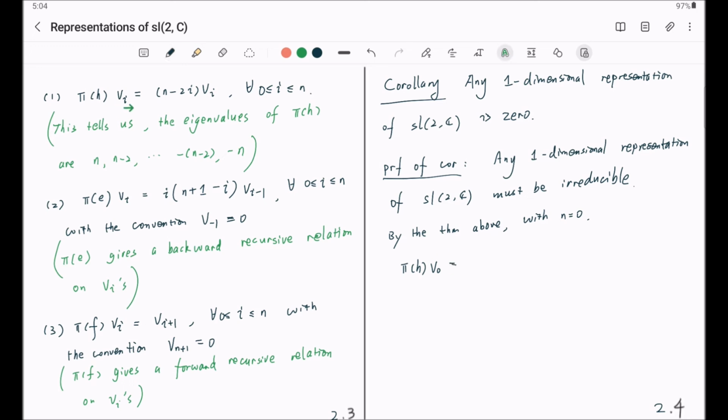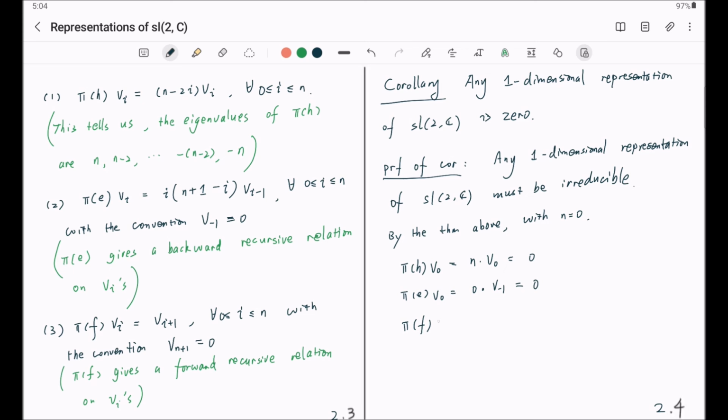By this relation on the left, pi of h applied to v0 will be n times v0, but n is 0, so this is 0. And now pi of e applied to v0 will be 0 times v negative 1, still going to be 0.